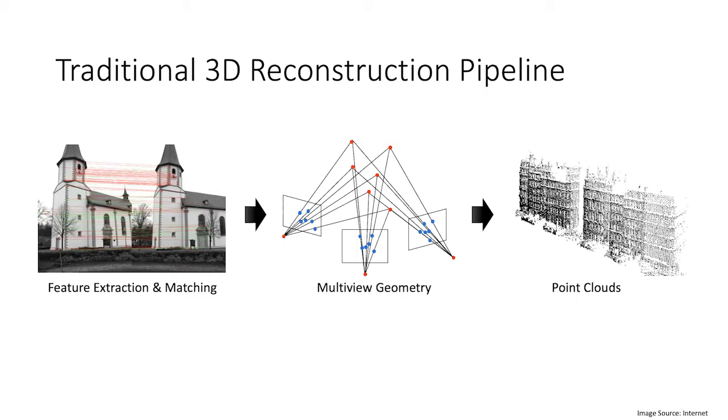This is exactly the same kind of pipeline. How do we reconstruct the 3D environment by extracting certain local features, SIFT and the like, and establishing correspondence, then using multi-view geometry, bundle adjustment, or SLAM to get a point cloud representation of the 3D room or environment? Till this day, nothing has changed. It's just basically engineers getting better and better.